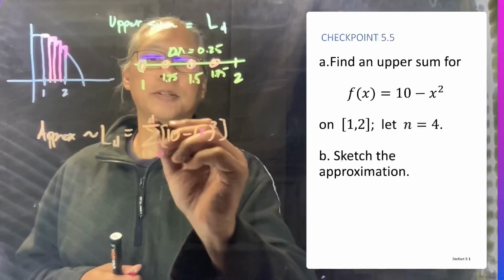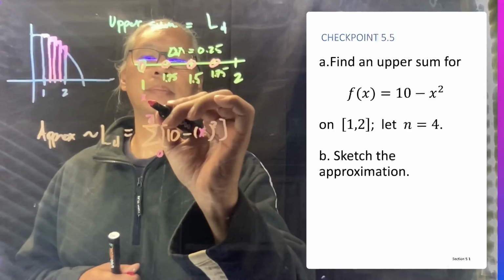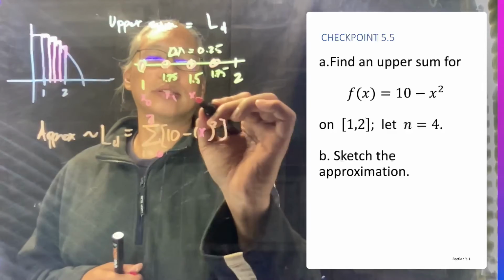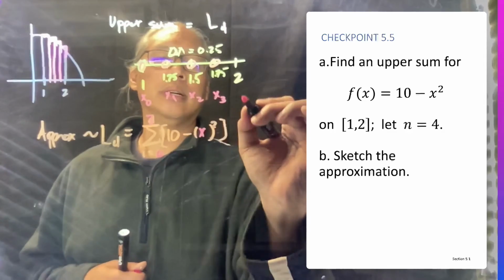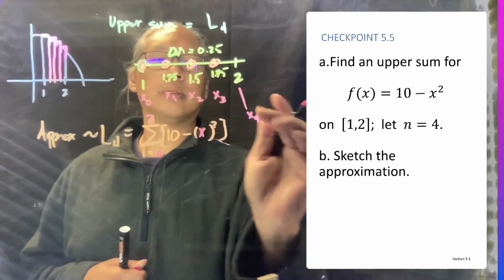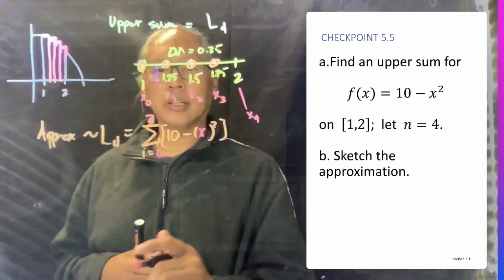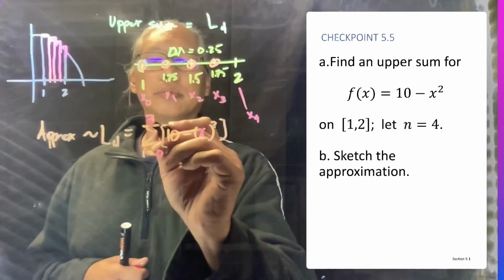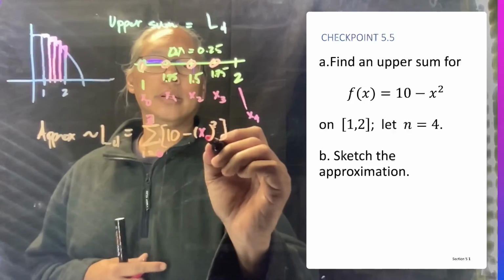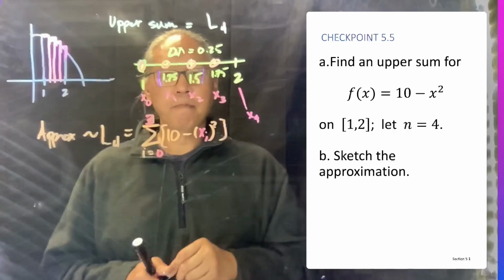Let's start from 0 to 3, because I'm looking at x sub 0, x sub 1, x sub 2, and x sub 3. This is x sub 4, but we're not going to plug in that one because we're using the left endpoint. All right, so let's rewrite this going from 0 to 3 of f of x sub i.